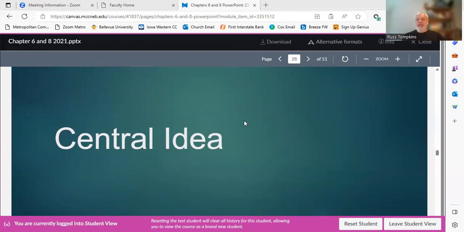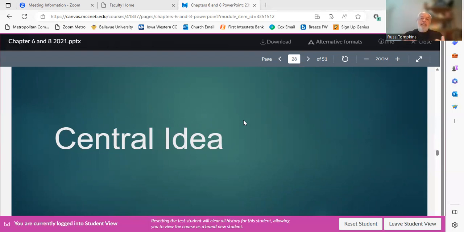So the central idea would say something like, Ernest Hemingway was most famously known as a novelist, but he also is known for other things as well, such as being a great fisherman off the coast of Florida. That's a central idea that simply announces, I'm going to be giving this speech about Ernest Hemingway, who was a great fisherman.